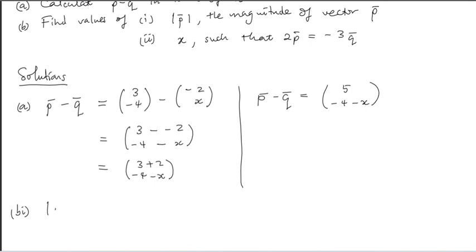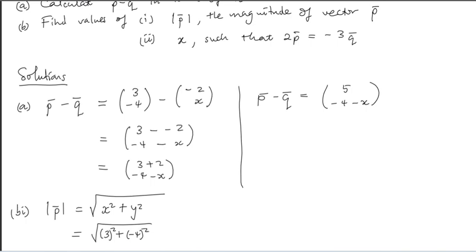The magnitude of P is given by the square root of x squared plus y squared. So this will be equal to the square root of, what is the x value on P? We have 3, and the y value on P is minus 4. Remember to square this part and square that part.